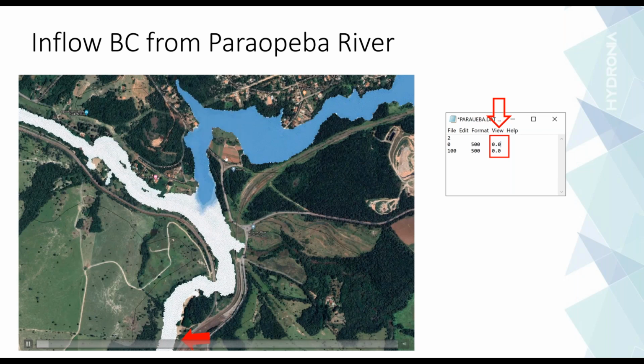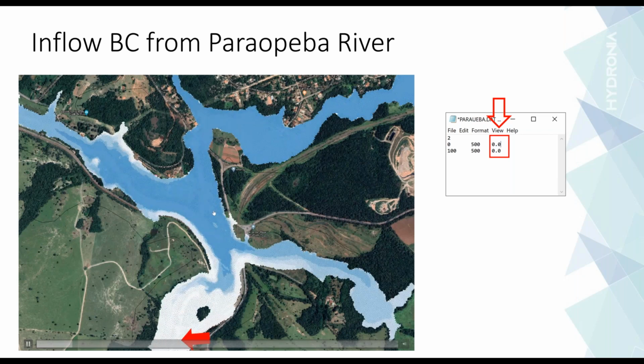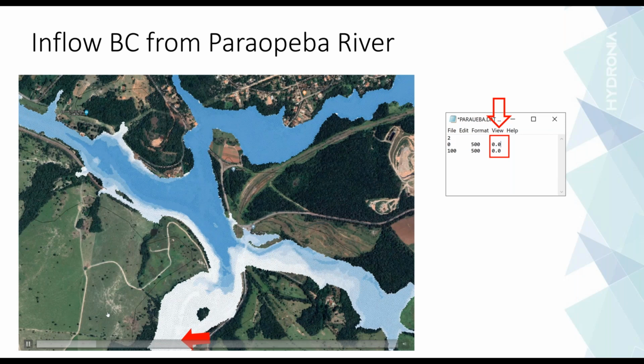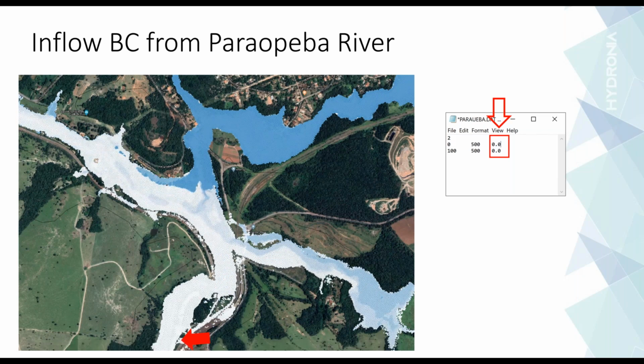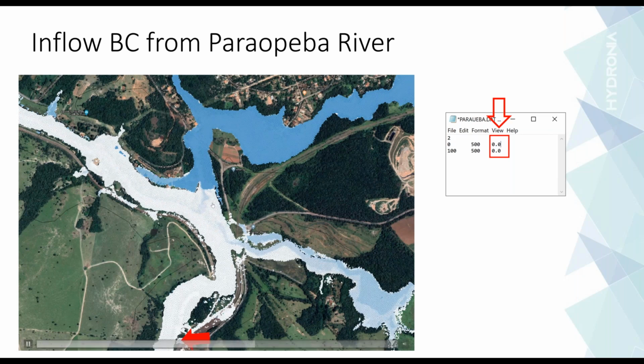And then you can model all the mixing, the damming of the river conditions, and also the erosion and deposition that can occur according to the arrival of the tailings into the existing flowing river.